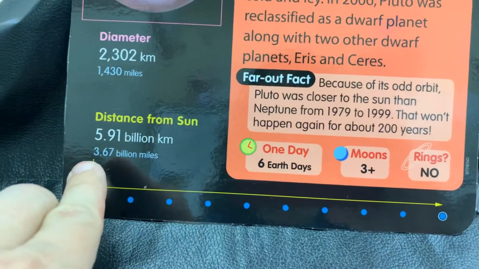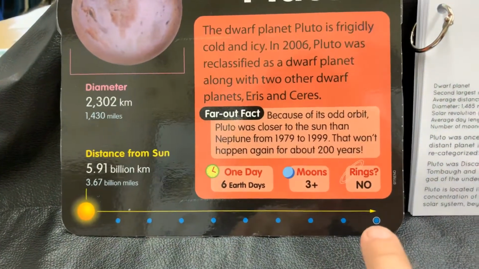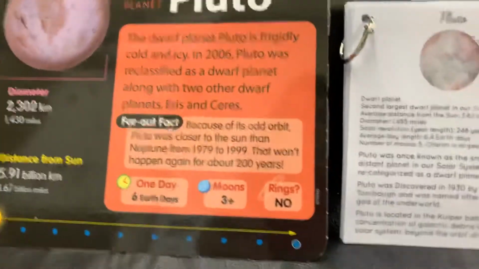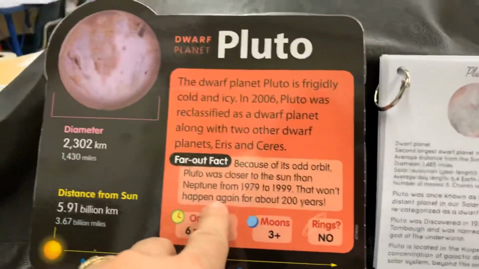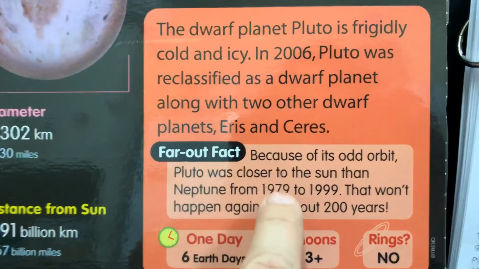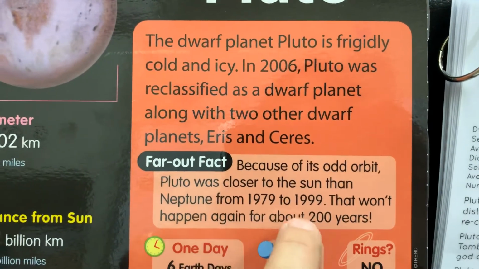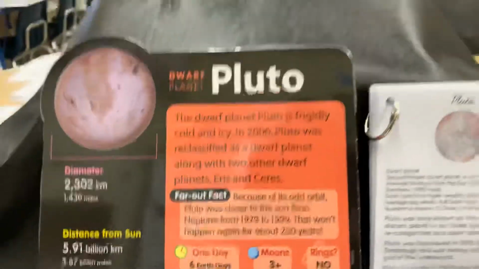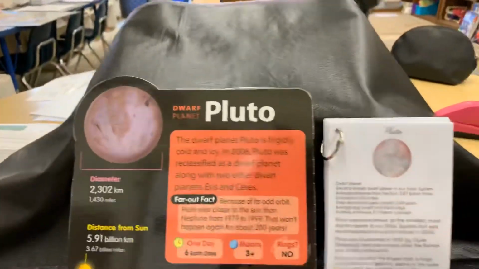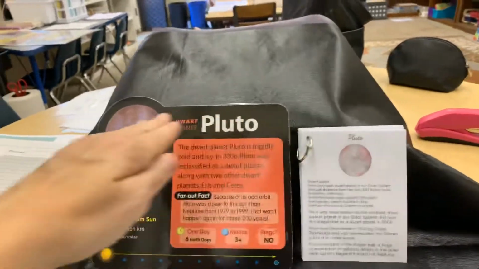How about distance from the sun? 3.67 billion miles. What planet order is it in? It's not the 8th planet, it's the 9th planet. That's right. What's another interesting fact? Remember, it was closer to the sun than Neptune. Yeah, not Uranus. From 1979 to 1999, for 20 years, because of its odd orbit, it kind of goes up and down and up and down, kind of angled, not a horizontal orbit like the rest of them that go around the sun.